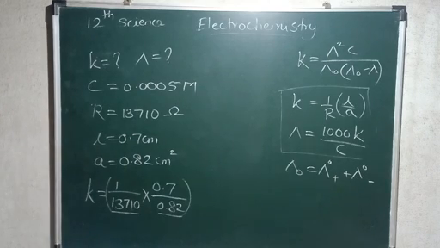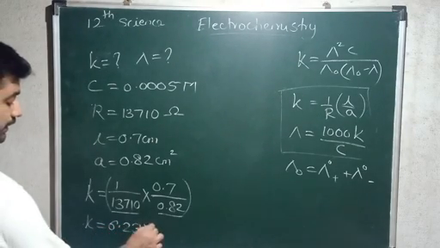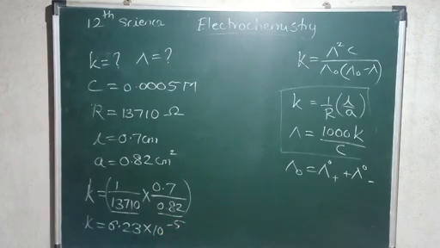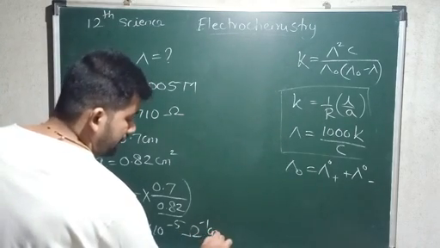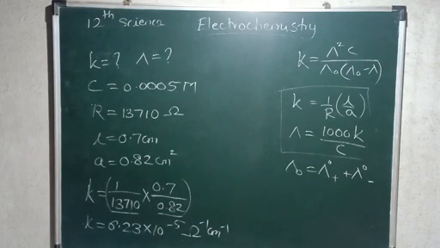Doing those parts, we will get the value of K as 6.23 into 10 raised to minus 5 per ohm per centimeter. You can try to solve this with the help of log.